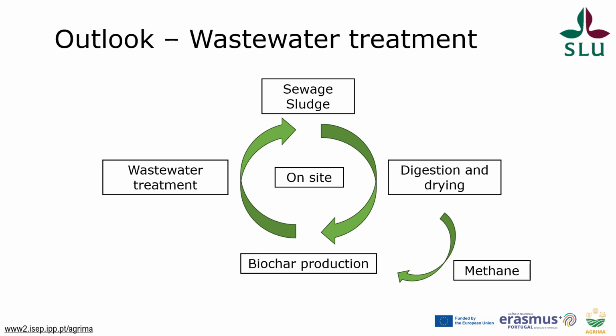This way we can have a production on site that basically doesn't cost any energy except to start the pyrolysis, and then it should be a recycling process, recycling its own energy, and then we produce this biochar that we can use immediately in water treatment. So this way the wastewater treatment plant can deal with its own sewage sludge, and it saves a lot of disposal and a lot of problems related to that, and they have a way to clean up the wastewater.